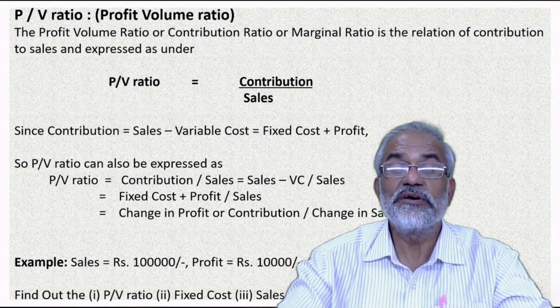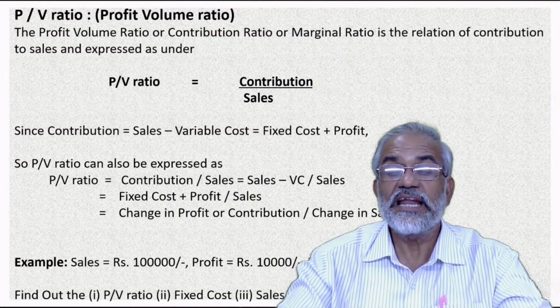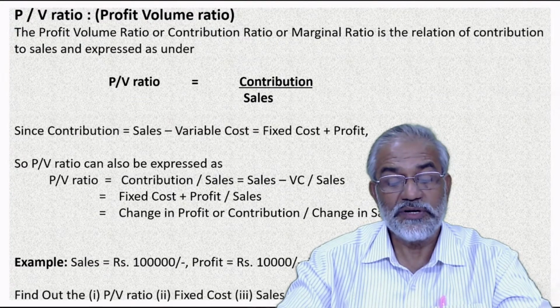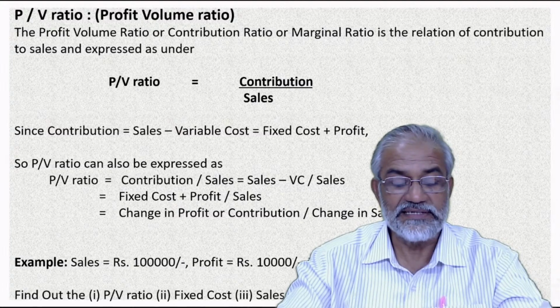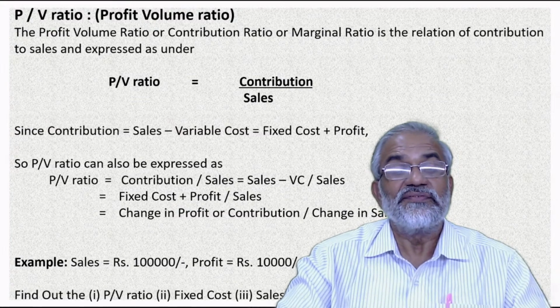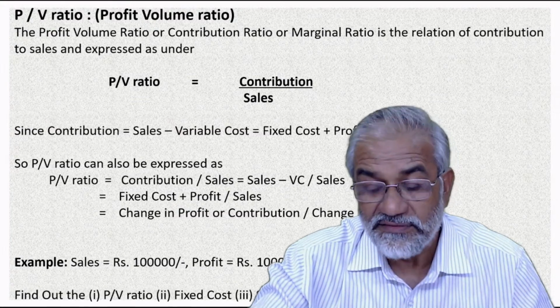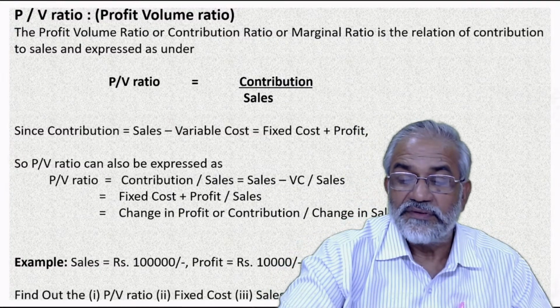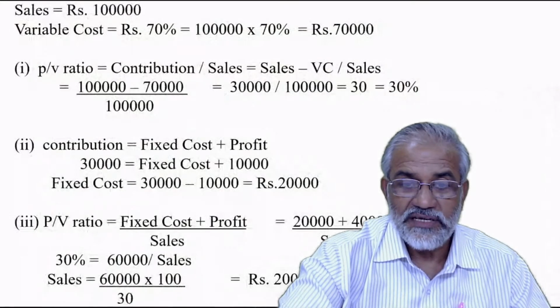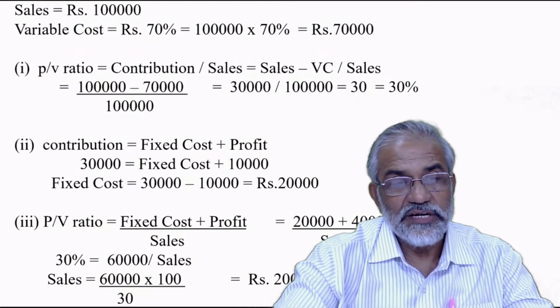That means, what would be the volume of sales for a desired amount of profit of rupees 40,000 in the hands of the organization? This is the numerical presented before us, and we need to calculate how it is to be determined.